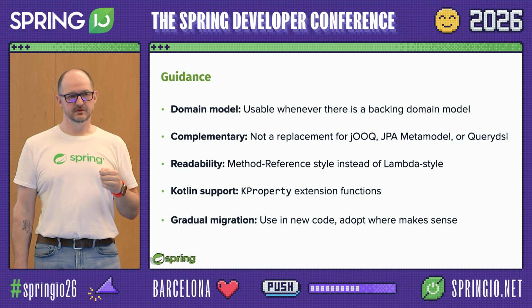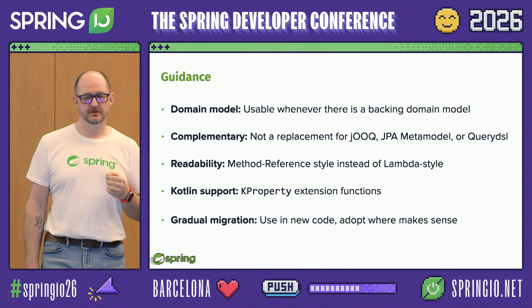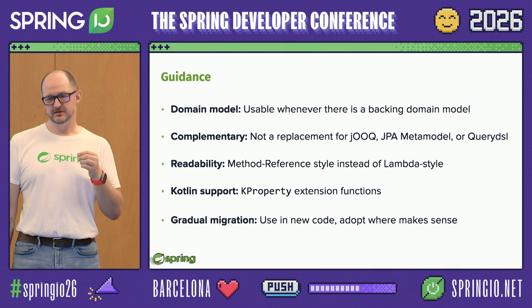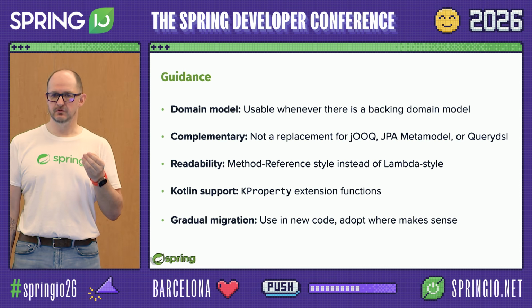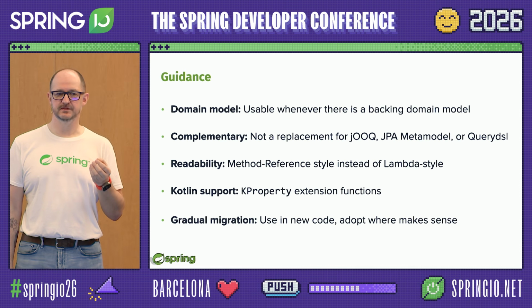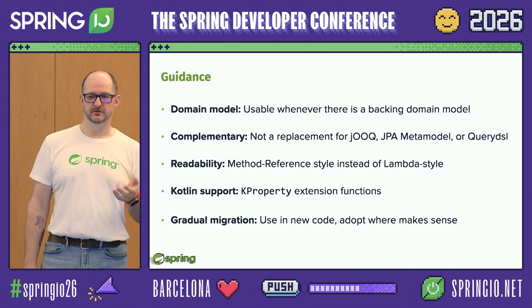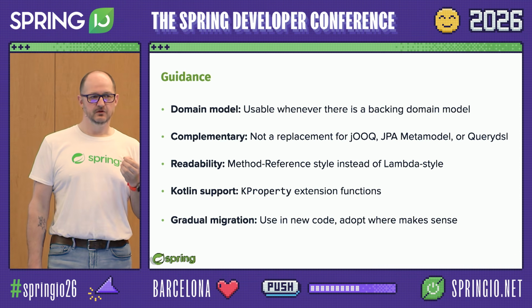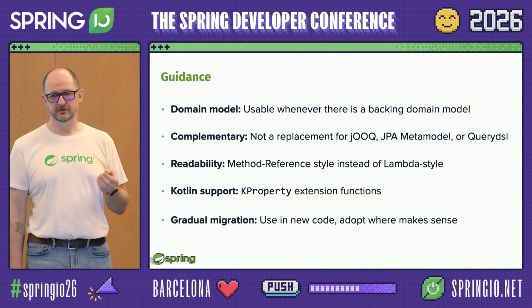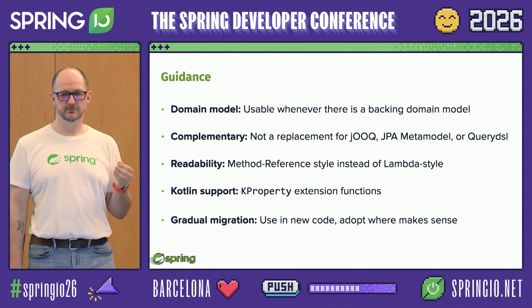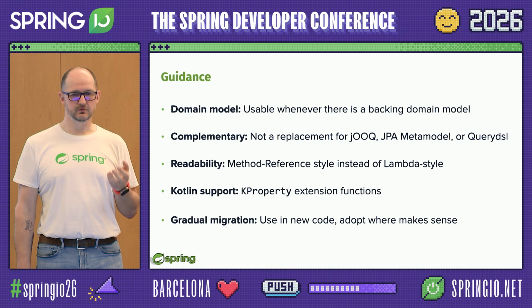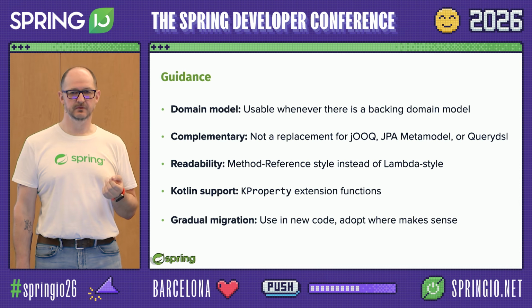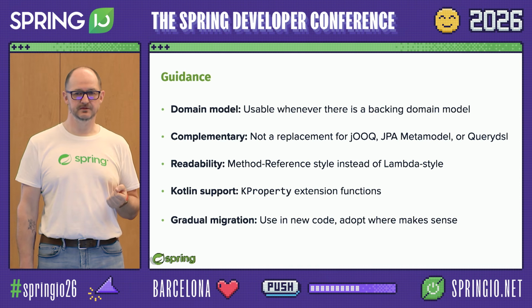Probably the strongest advice that I can provide you with is, if there's nothing really wrong with your code today, then probably you are already in an optimum place. If you, however, feel there's a lot of movement across the domain, you have suffered from refactoring issues that popped up really late in the process, then you might want to consider exploring type-based property paths.